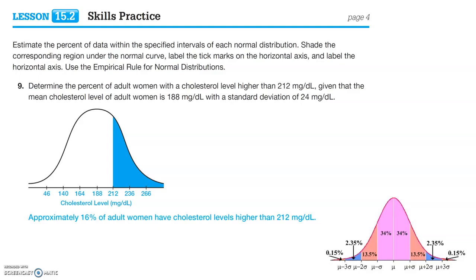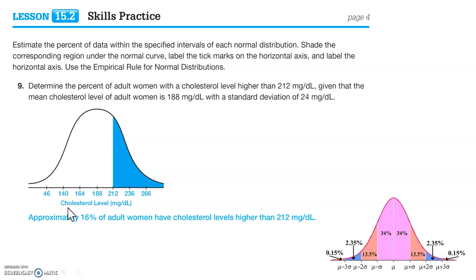So it says, given that the mean cholesterol level of adult women is 188, and the standard deviation is 24, create the mark lines in the horizontal axis. So 188 is my mean, and if I add 24 and subtract 24, this is what I come up with.